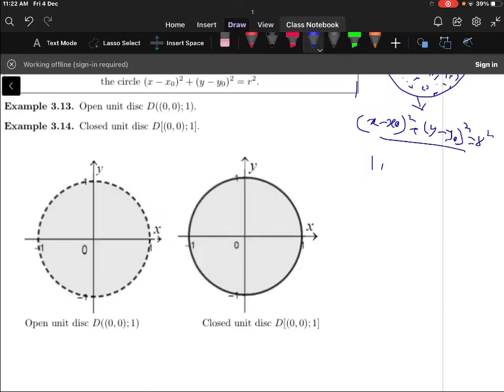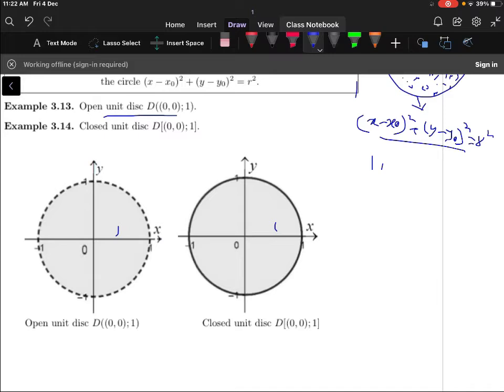Now let us take an example of an open disk and a closed disk. The unit disk, with center at the origin and radius 1, is the unit disk. Here, the shaded gray region is the set of points of the open disk with radius 1 and center at the origin. Now I will consider the closed disk with center at the origin and radius 1.